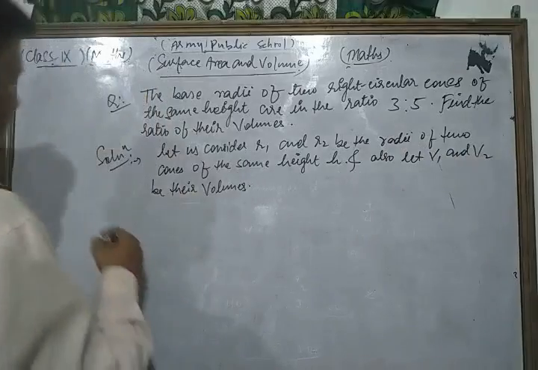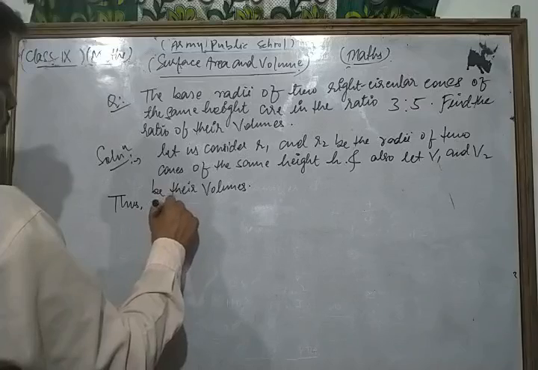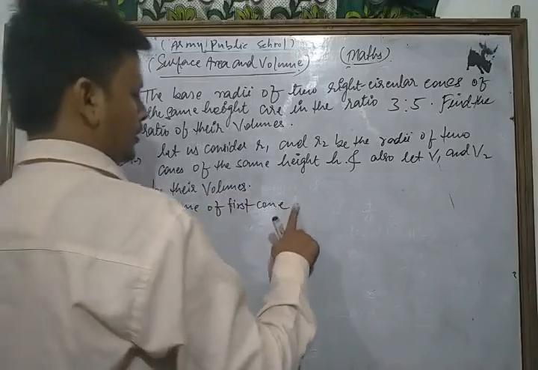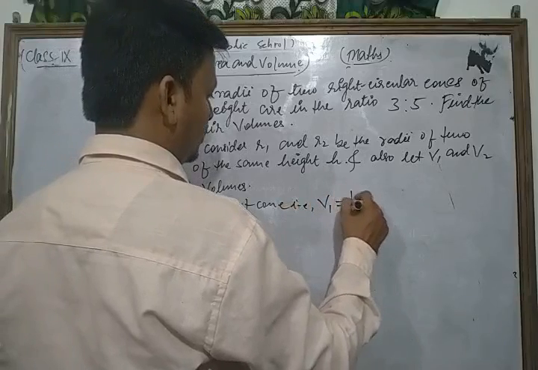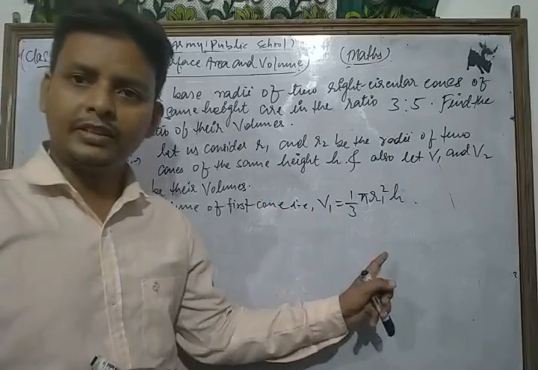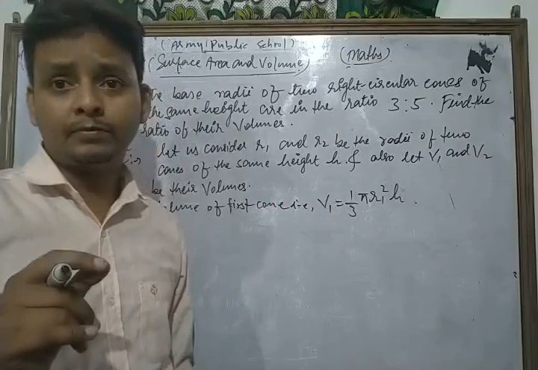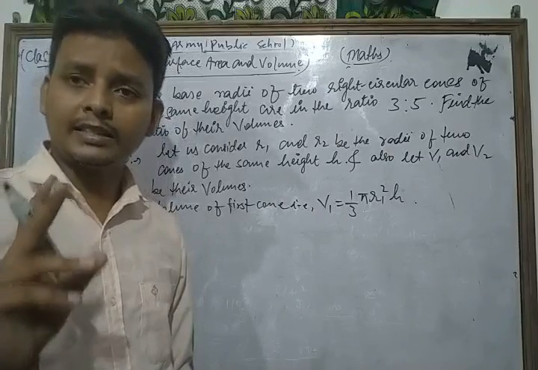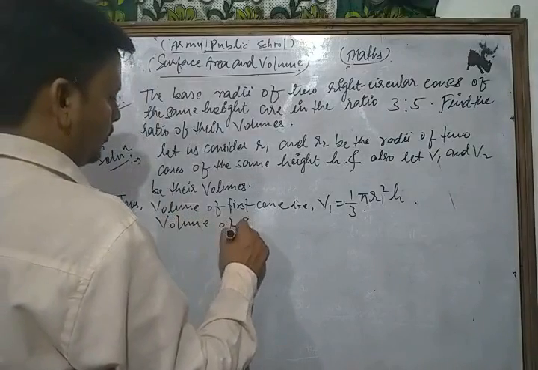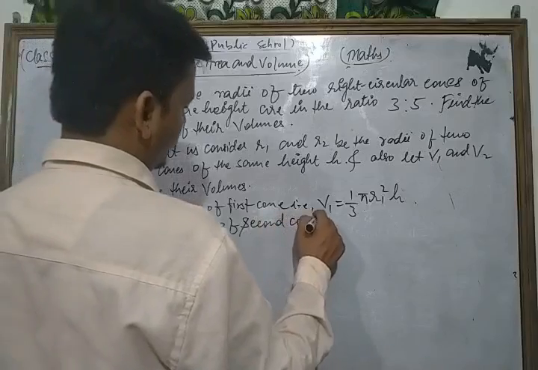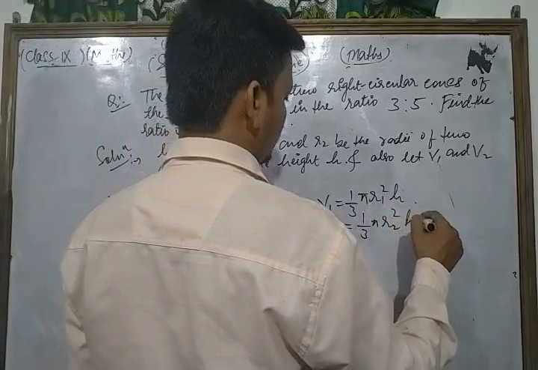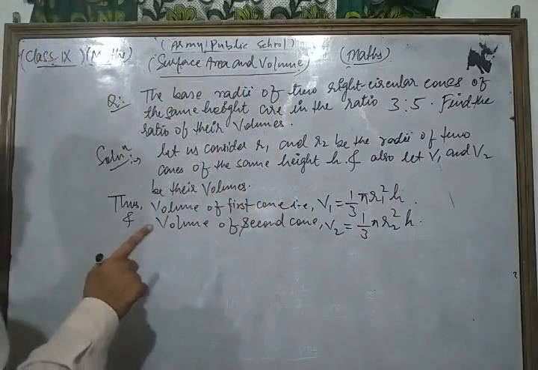So the volume of the first cone, V1, is equal to 1 upon 3 pi r1 square into h, because we take the radius of the first cone as r1, and both the heights are the same. And the volume of the second cone, V2, is 1 upon 3 pi r2 square into h, because both heights are the same.